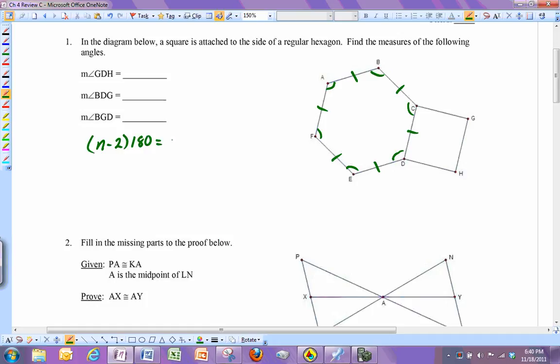In this case, n is 6 because there are 6 sides, or 6 angles, however you want to think about it. If you multiply the 4 times 180, you're going to get 720. Since there are 6 angles and they're all the same, I can just do 720 divided by 6, and I get 120 degrees for each angle. So let me do a slightly thinner pen here, 120 for each of these.